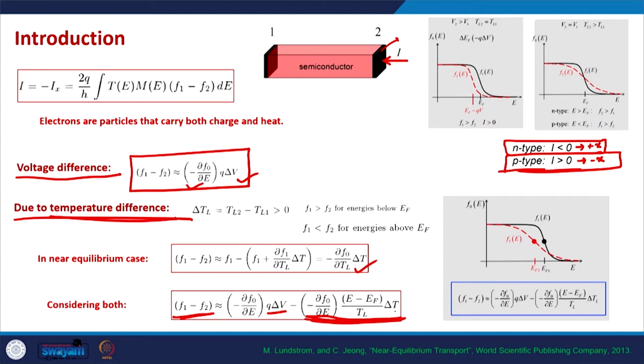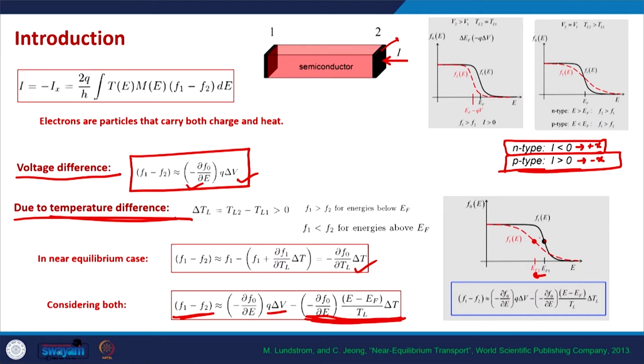So when there is a voltage difference across the semiconductor and there is also a temperature difference, F1 and F2 will look like this, the plots will look like this, and as you can see we have applied a positive voltage on terminal 2, which means EF2 is now shifted to the left side, and we have also heated contact 2, which means F2 is now spread out. F2 is now broader as compared to F1.